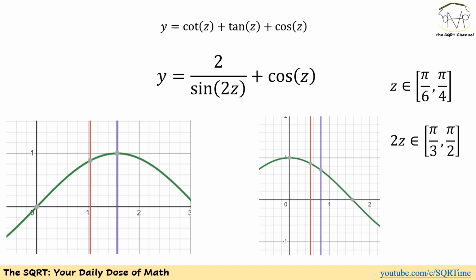But we already know that sine of 2z is going to have a shape that you are seeing here. For the range that we are interested in, between this red and the purple one, sine of 2z is going to be always increasing. Obviously, then 2 over sine of 2z is going to be always decreasing, and its maximum is going to be at the initial point in this range.